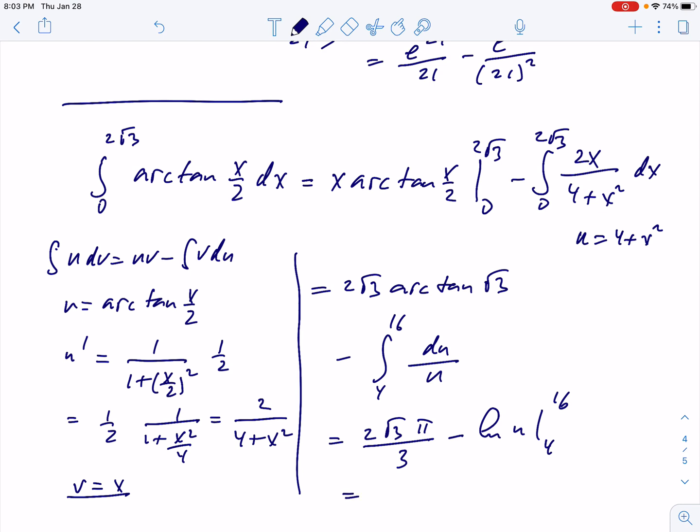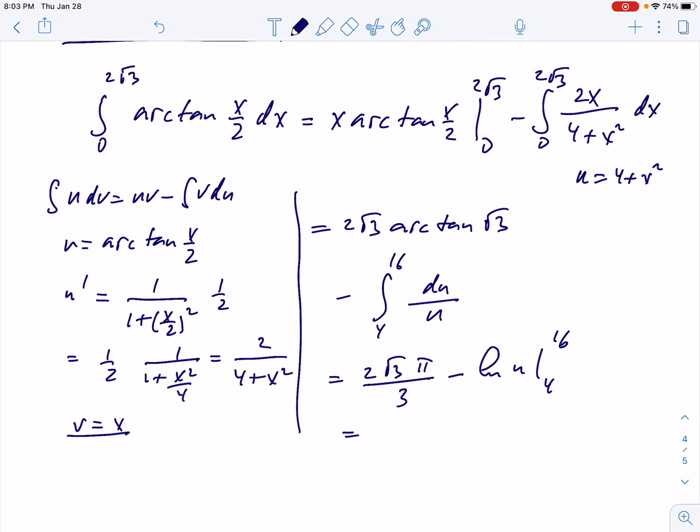So let's write it this way, 2 pi root of 3 over 3 minus logarithm 16 minus logarithm 4, which will be logarithm 16 over 4, which will be logarithm 4, just natural log 4, and that's it.